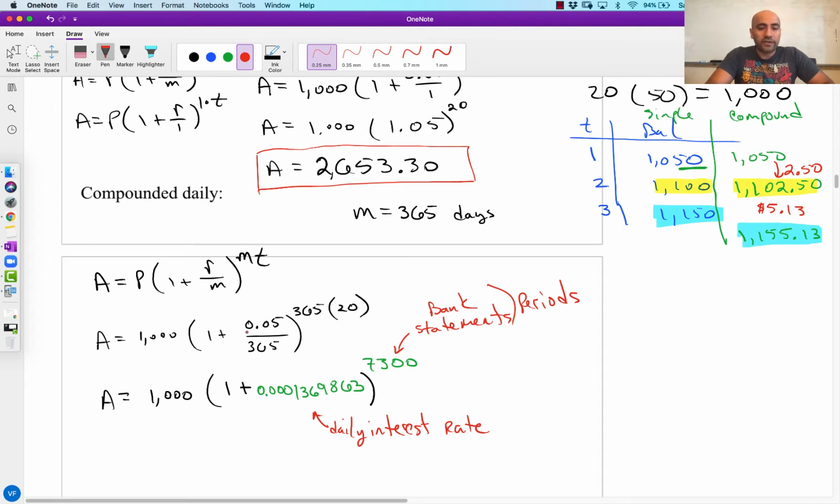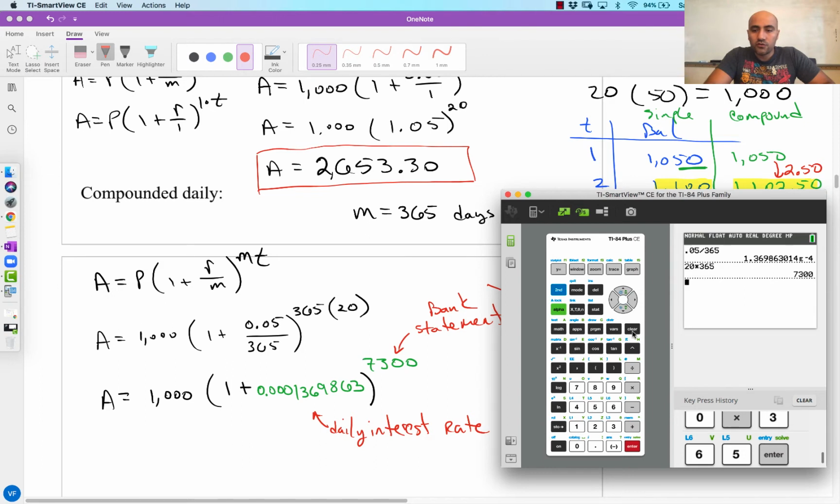Okay, so let's go back to our calculator and find an answer for this then. So this is going to be 0.05 divided by 365. That gives me my daily interest rate. And then according to the formula, I add 1 to that. So that'll give me the sum of this whole thing. And then I want that whole thing raised to the power of 7,300.